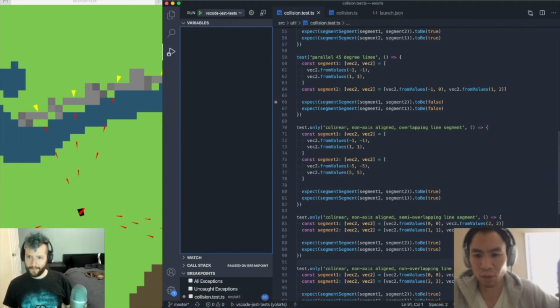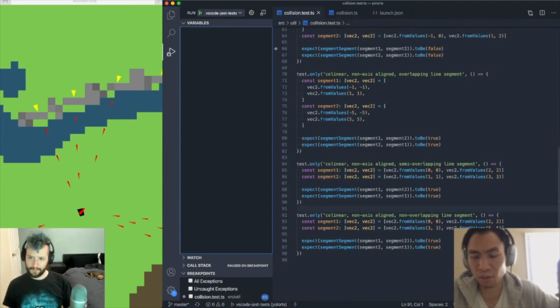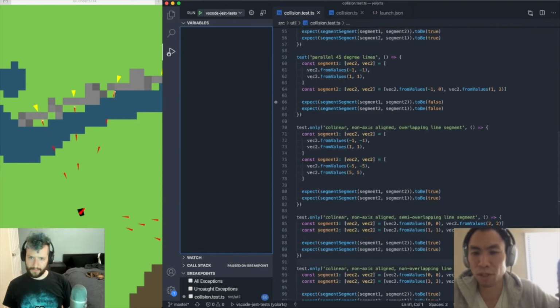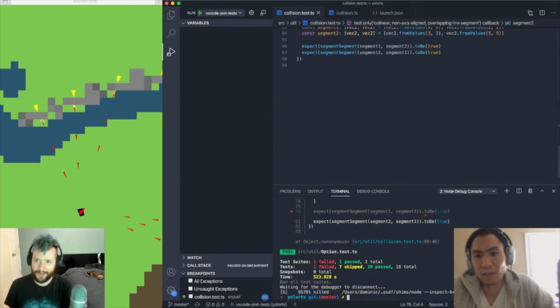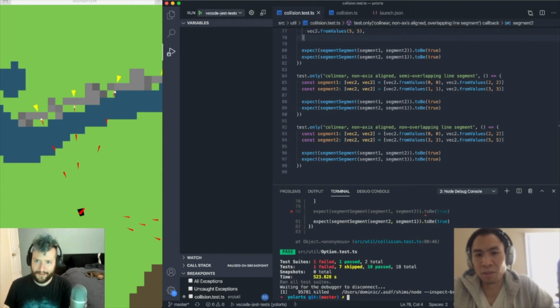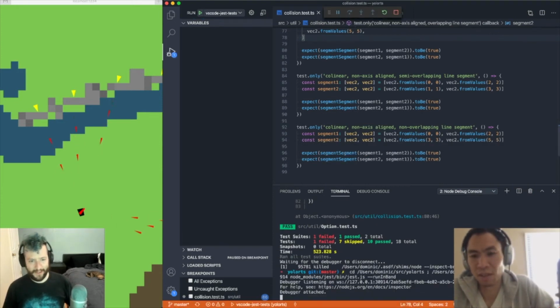Do you put multiple files, or do you stick one unit per test? If I'm testing multiple functions, I would test collision functions in collision.test.ts for sure. Yeah, and then how would you bundle tests for the same function together? Yeah, there must be a describe or something, right? I don't know.